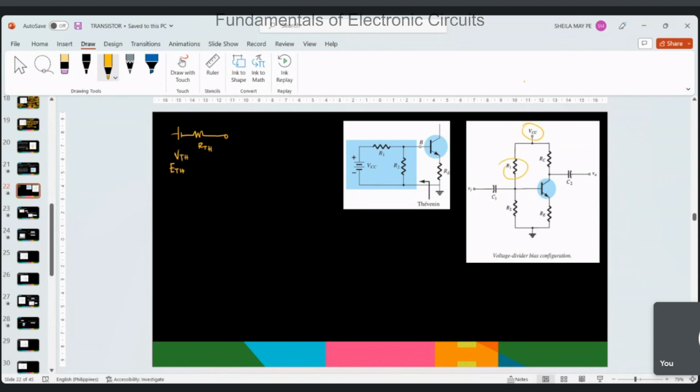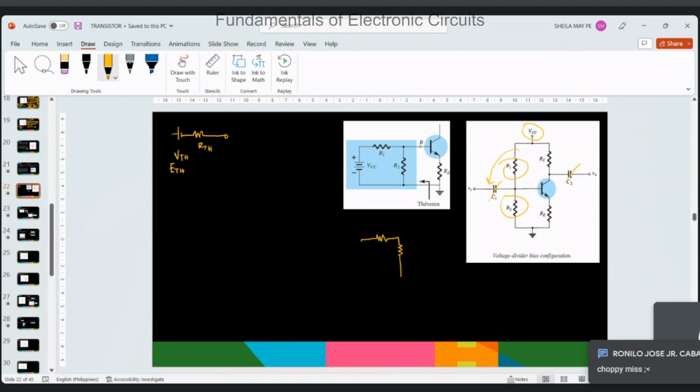VCC over R1 and R2. In here, R2 is placed there. Imagine R1 is laid down, R1 is connected to our VCC.